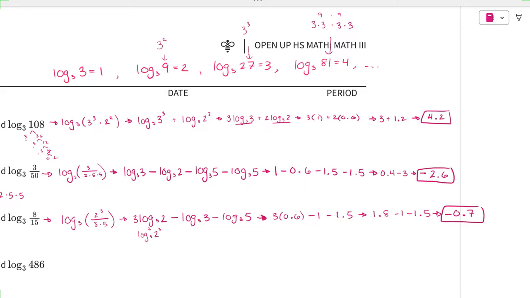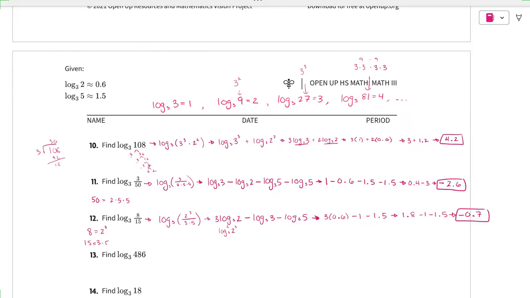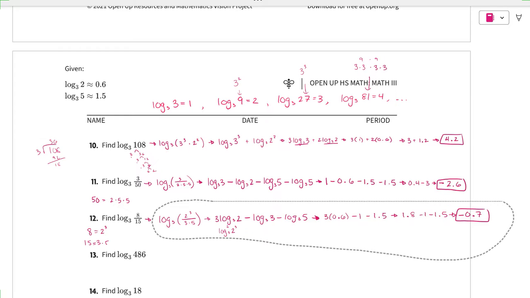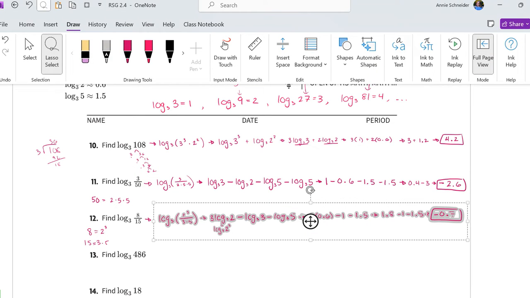It doesn't hurt to redo it in a different order. 1.8 minus 1 is 0.8, and then 0.8 minus 1.5 has a difference of 0.7. So we get negative 0.7 both times, which is good. Never hurts to double check when we are not using a calculator.